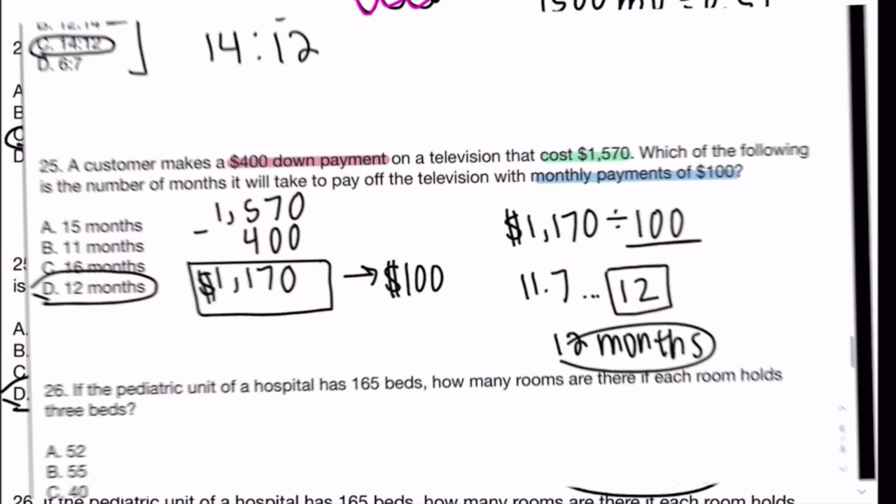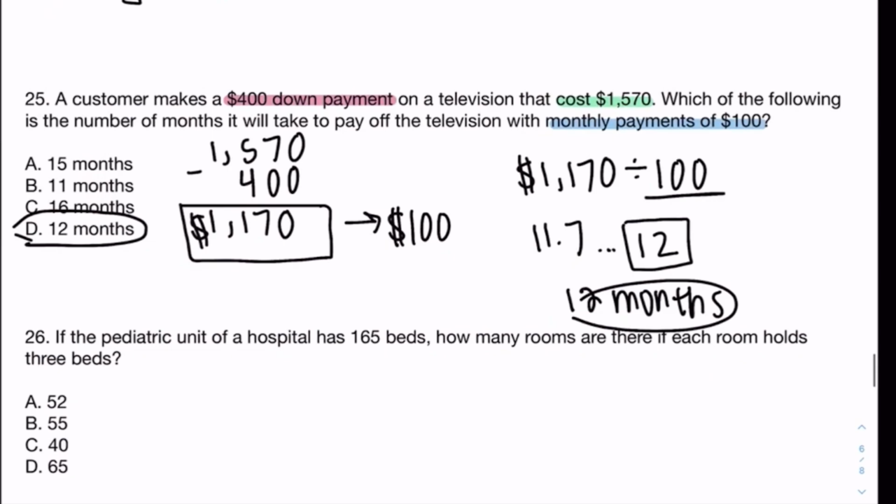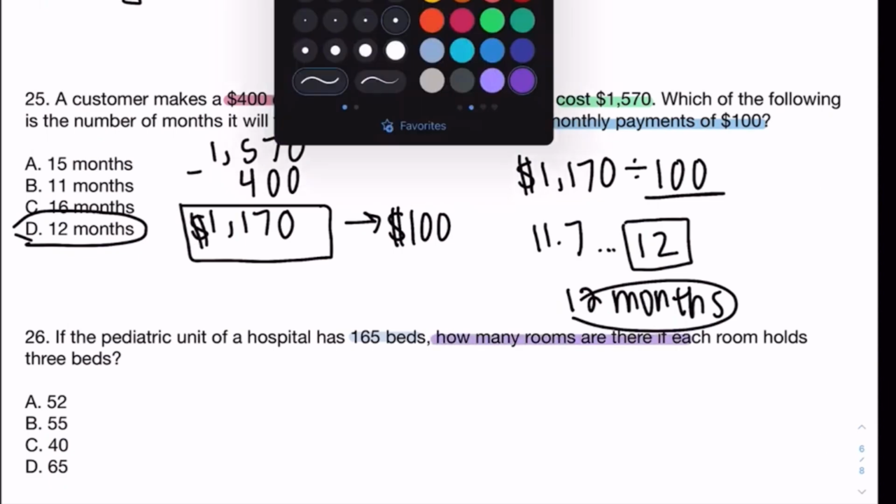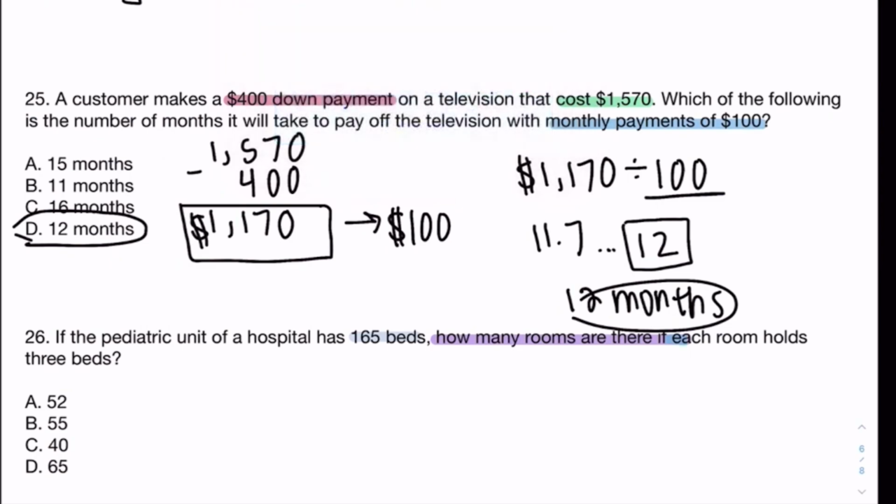Alrighty, go ahead and move down to question number 26. If the pediatric unit of a hospital has 165 beds, the question is asking you how many rooms are there. That's the question, and it's giving you the information that each room holds 3 beds.